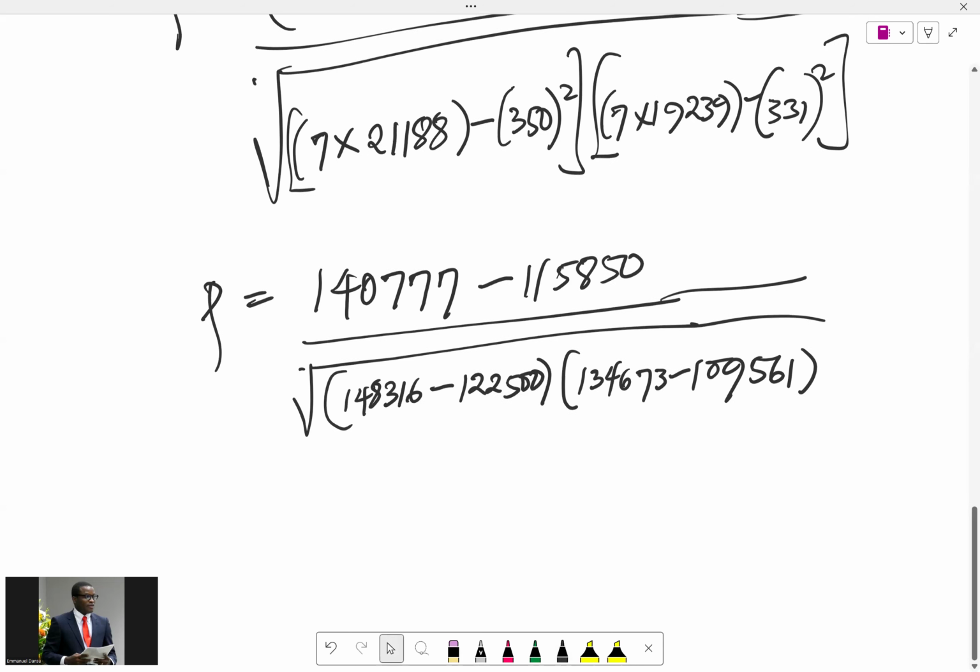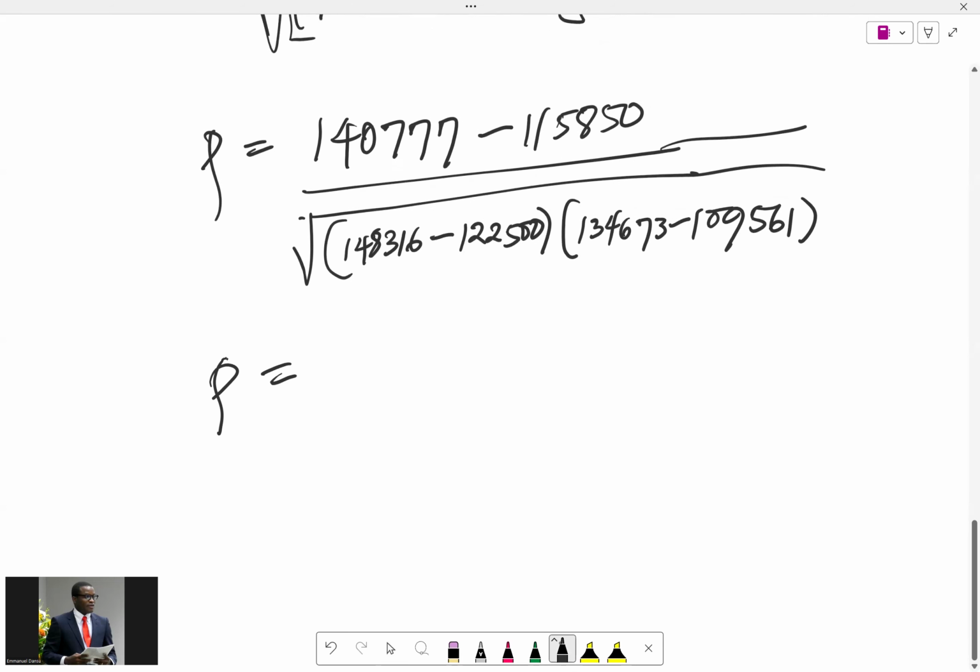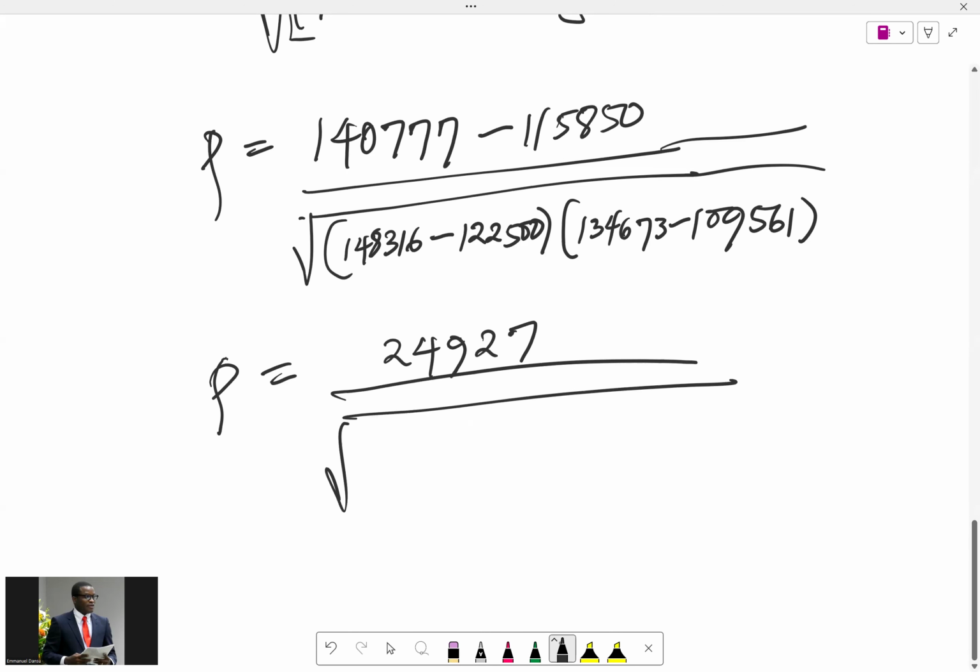Okay, so we can begin to tidy things up. Rho, at the top, we have 140,777 minus 115,850. That is 24,927. Then down there we have the square root of 148,316 minus 122,500.